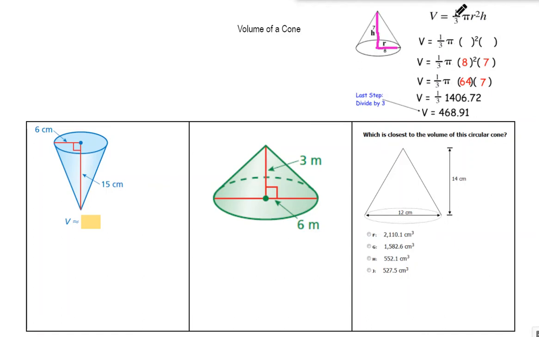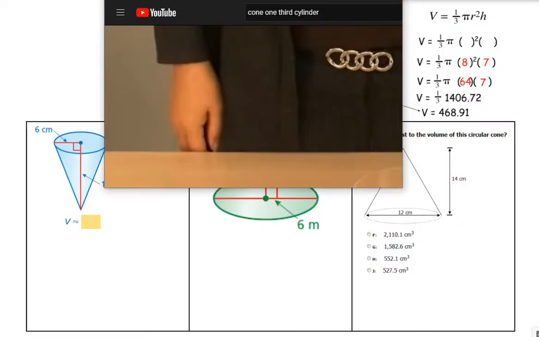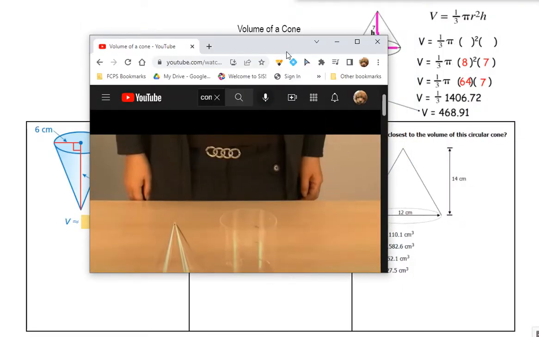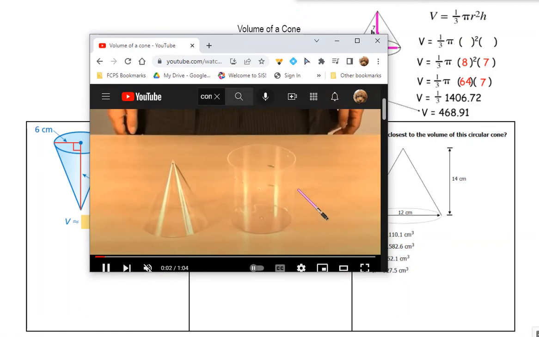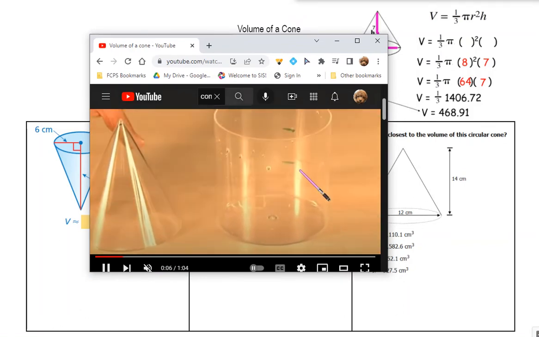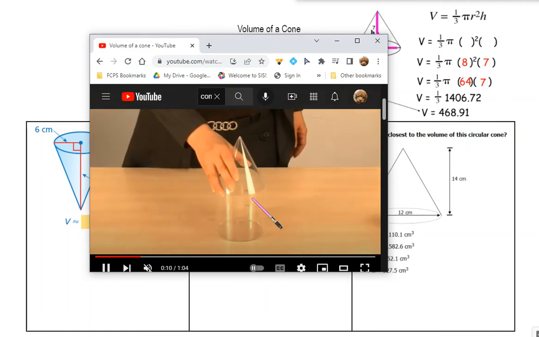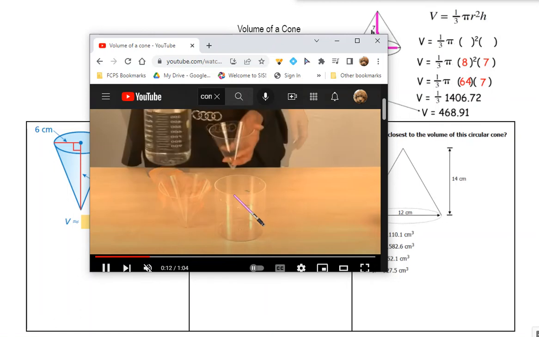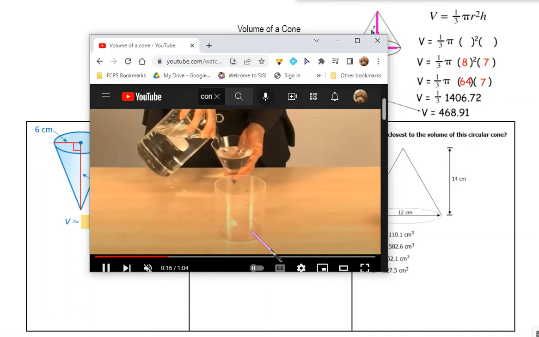The reason why this 1/3 is here, I got a pretty cool video I'm going to show and combine here. Hopefully YouTube doesn't take me down. But the reason why it's 1/3 is because the volume of a cone is 1/3 of the volume of a cylinder. If they're the same height and the same radius, it's going to take 3 cones to fill up that cylinder.